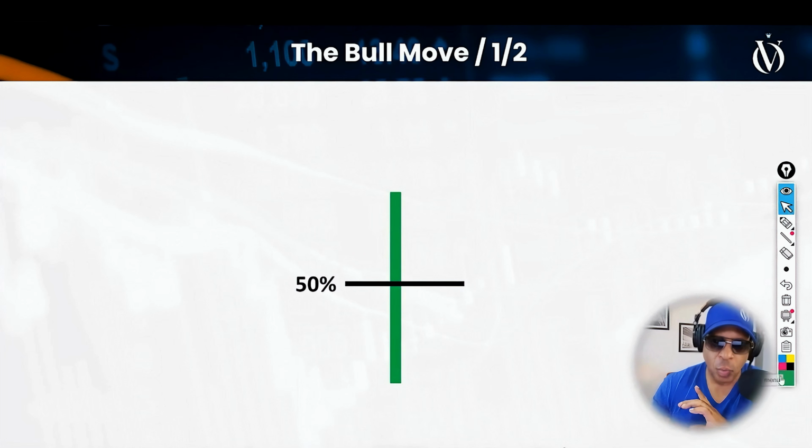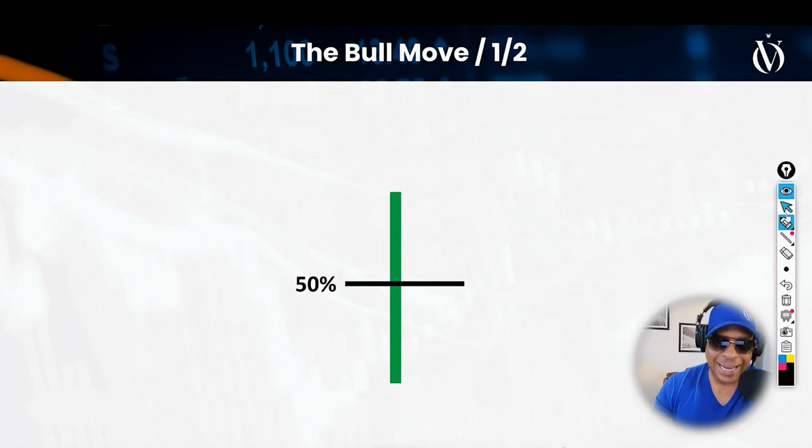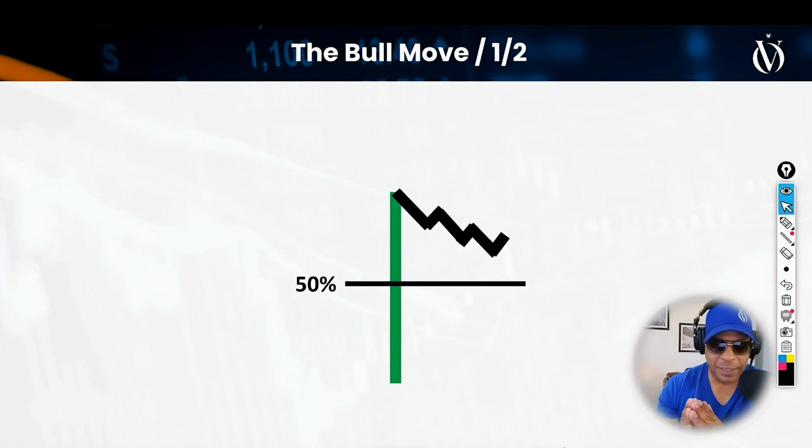So when your stock is resting sideways, you need it to stay in the top third. But if it rests downward, you need it to stay in the top 50%. I'm going to repeat that.